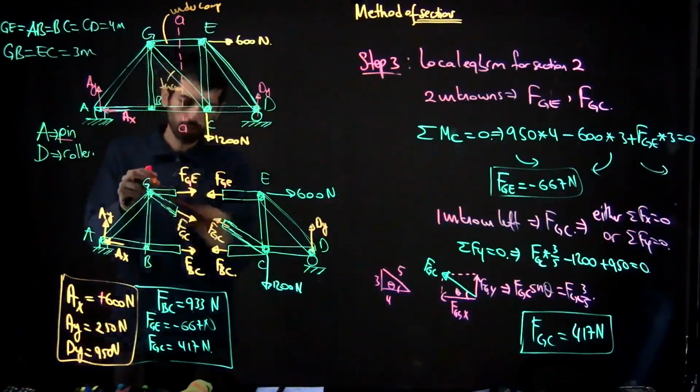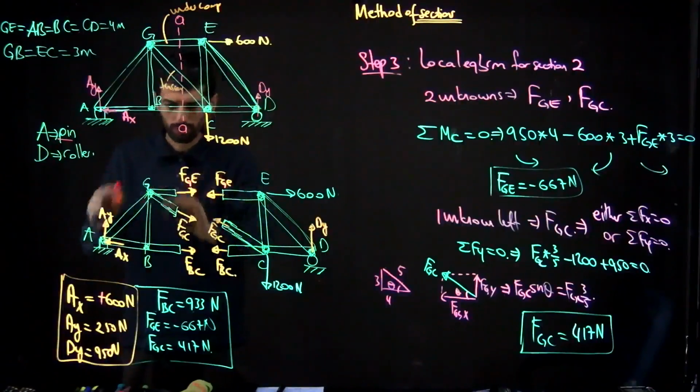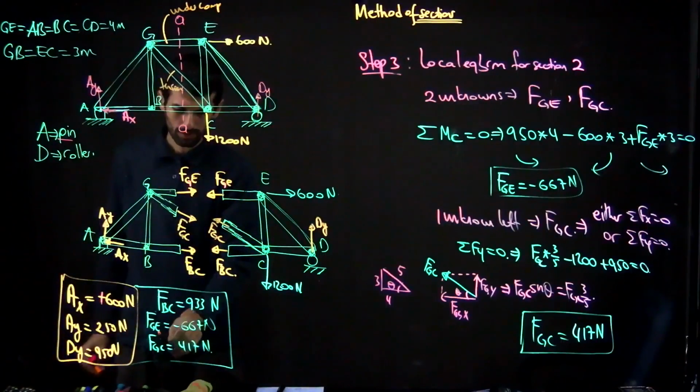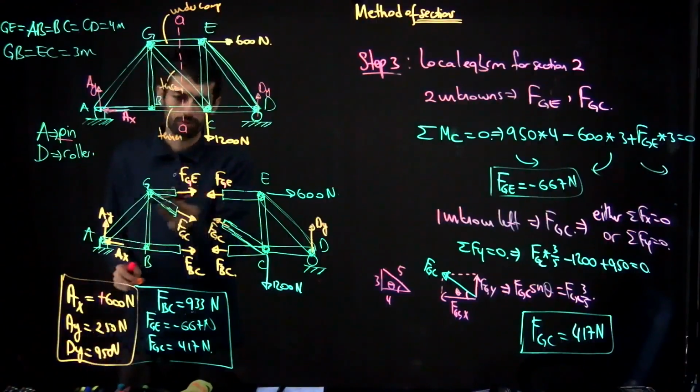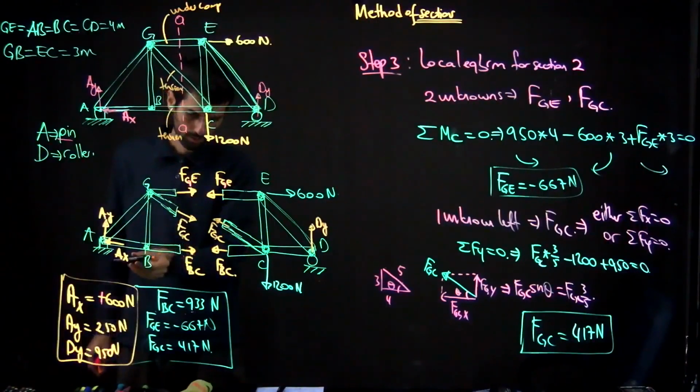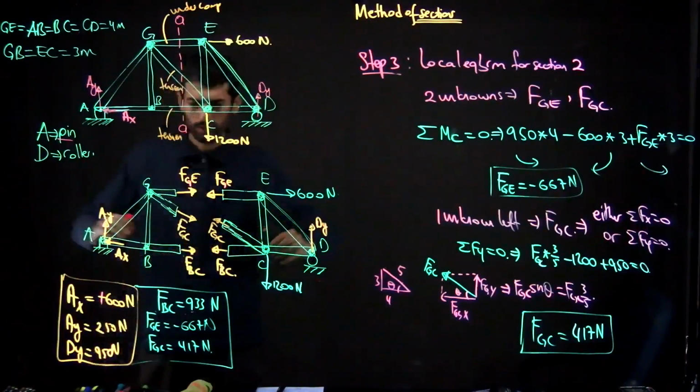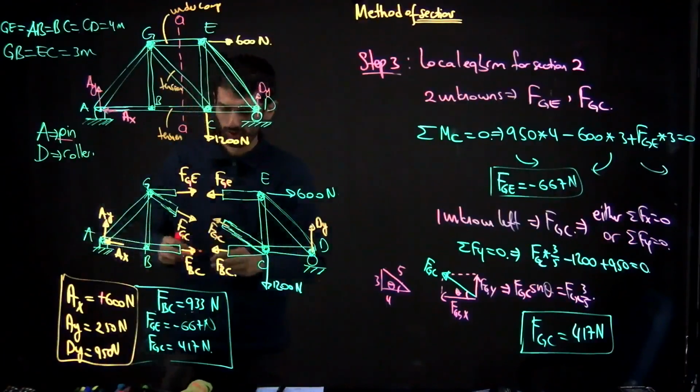So there is a pulling force. Here it's pushing. Similarly for BC, the positive sign means the direction is right. Again, this one is under tension, because this one pulls. So FBC, that one pulls. So this member is under tension.